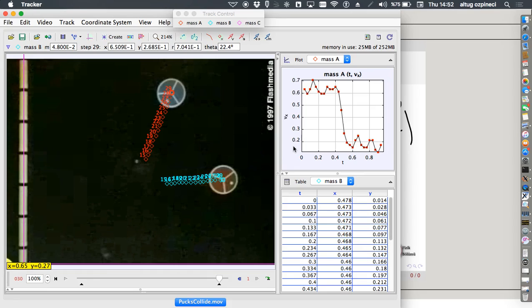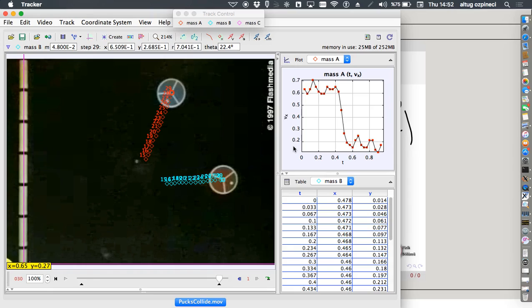In units, I already calibrated the units in kilograms, meters and seconds, so the velocity here is in meters per second. So what is the velocity of this object before the collision? By the way, here you already see that the collision is taking place somewhere over here.